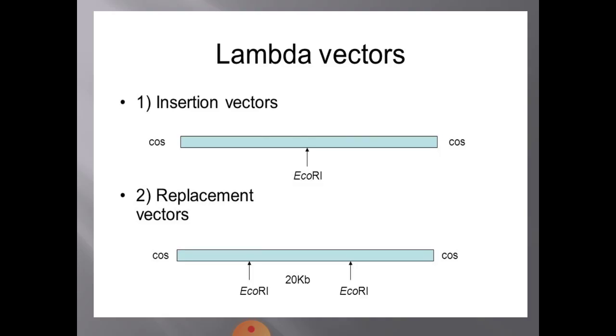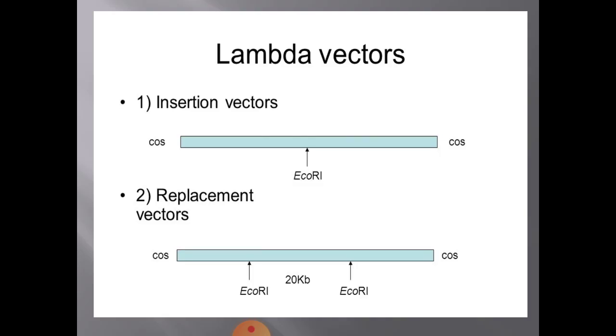Then people have designed another type of vectors making use of lambda phage only. They are called replacement vectors. The replacement vectors have two recognition sites. They will have two recognition sites instead of one as you see in insertion vectors.